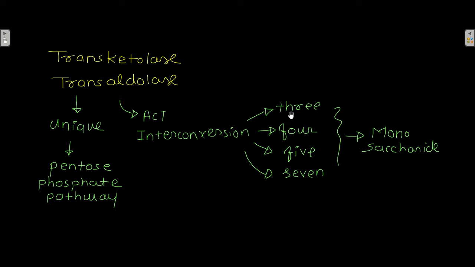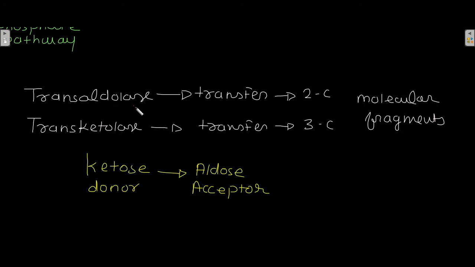For that interconversion, these two enzymes act, that is transketolase and transaldolase. Now transaldolase catalyzes the transfer of 2 carbon molecular fragment, and transketolase catalyzes the transfer of 3 carbon molecular fragment from the ketose donor to the aldose acceptor.